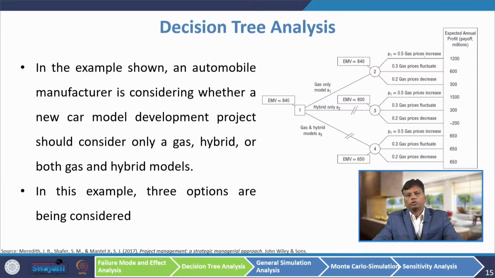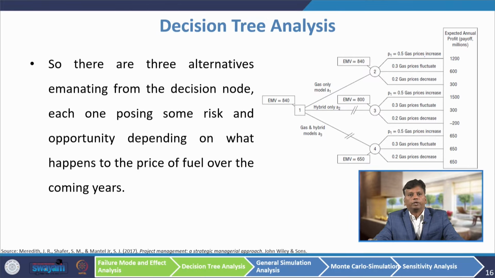In the example shown, an automobile manufacturer is considering whether a new car model development project should consider only a gas, only a hybrid, or both gas and hybrid models. In this example, three options are being considered. We have to recommend which one is the best option.